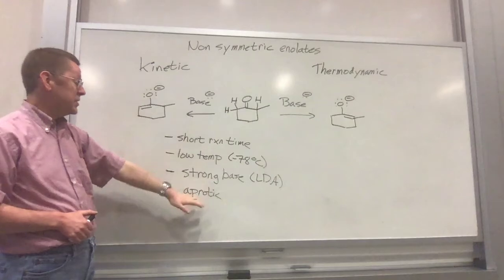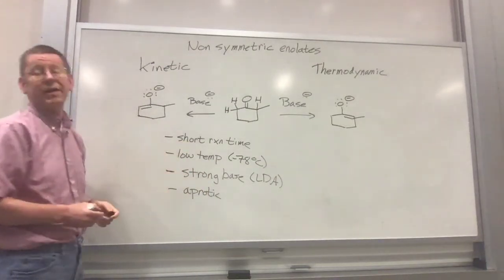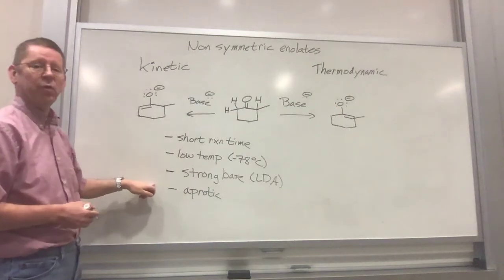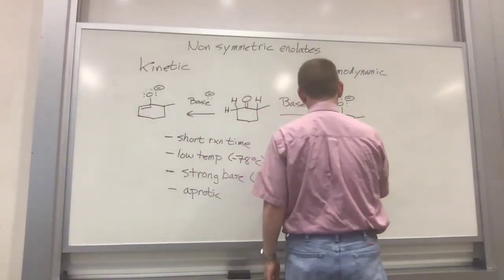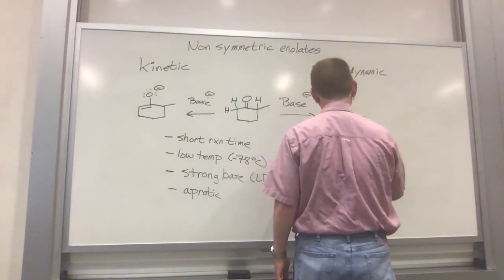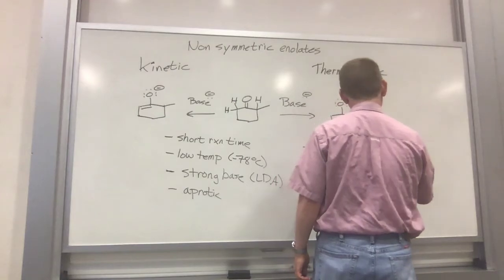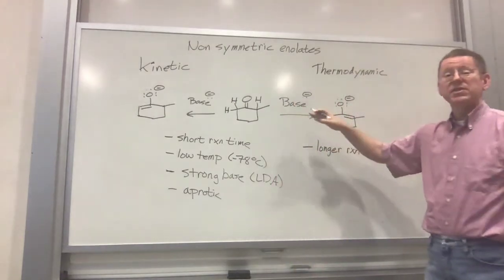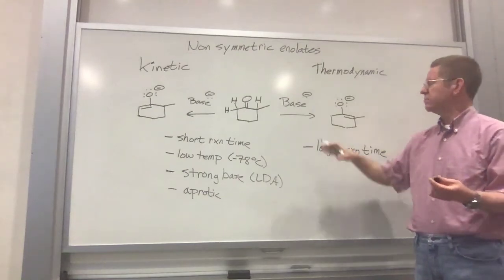Thermodynamic, we basically take these same principles, which I've divided up into four here, and flip them around. We want a longer reaction time. Give this system a chance to decide, what makes me happiest?